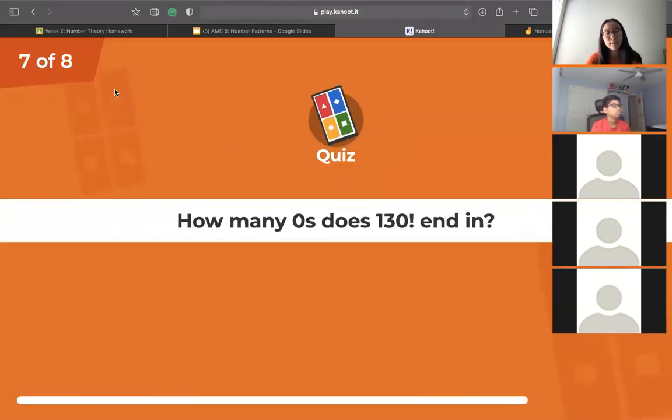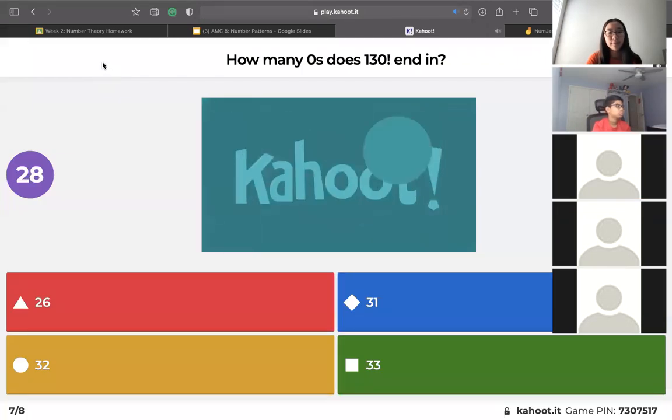Okay. How many zeros does 130 factorial end in? I think we actually had this problem, like this exact problem.